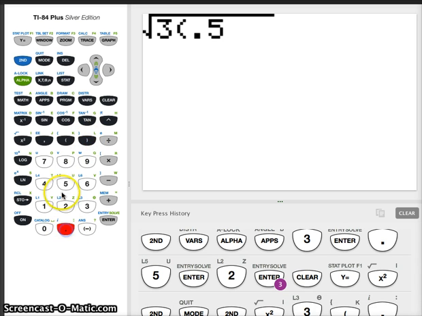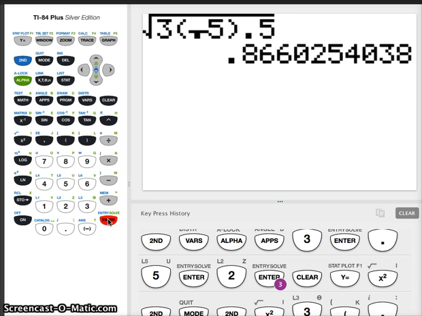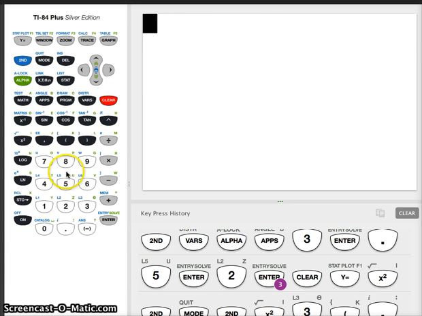Probability of a girl, not boy, is a girl. And lo and behold, I think that is right. Okay, that would be what? That would not be the mean. That would be the standard deviation. Okay, so I just want to show you how to do that square root on your calculator. All right, let's move on.